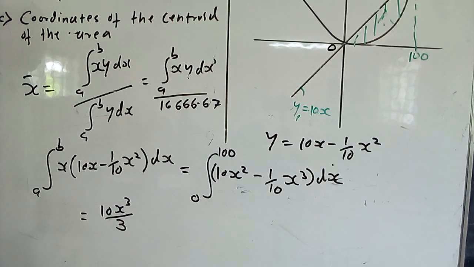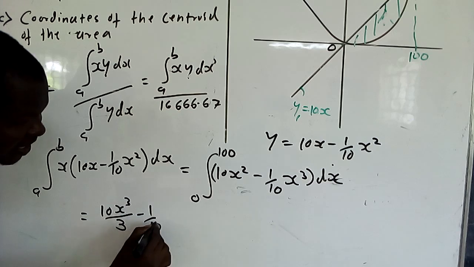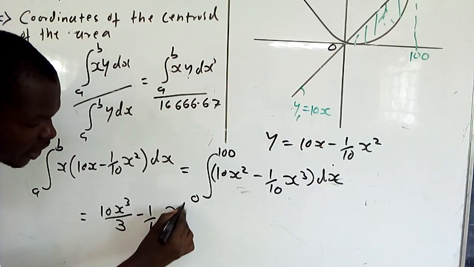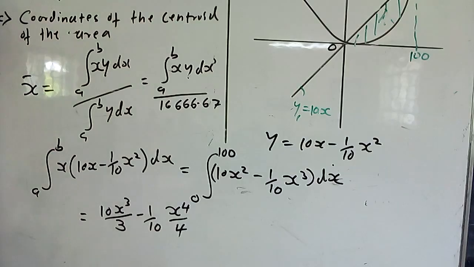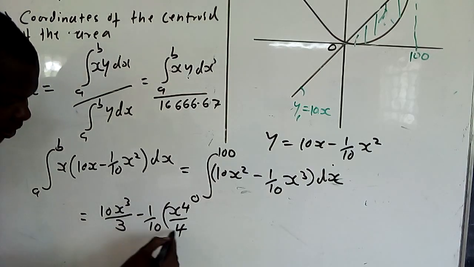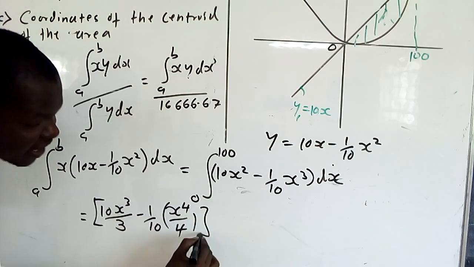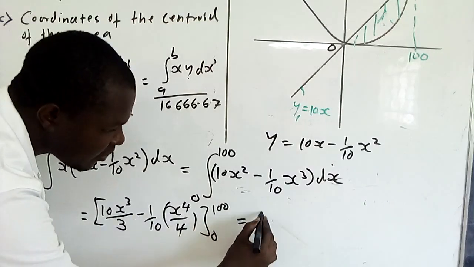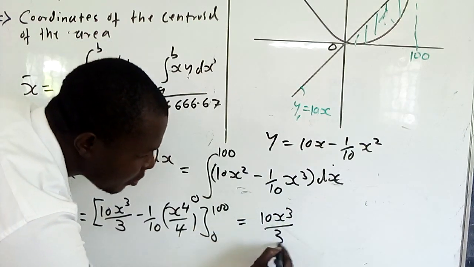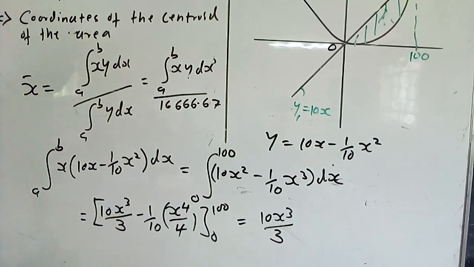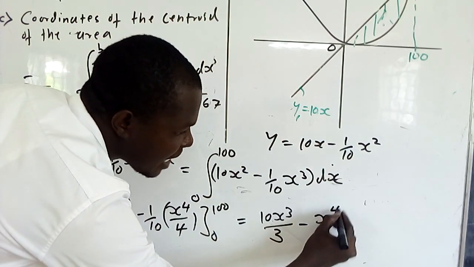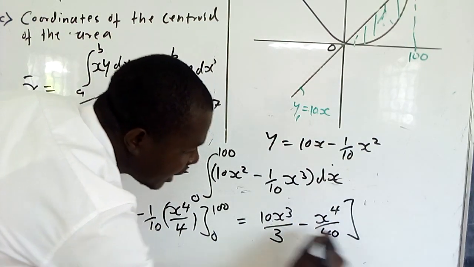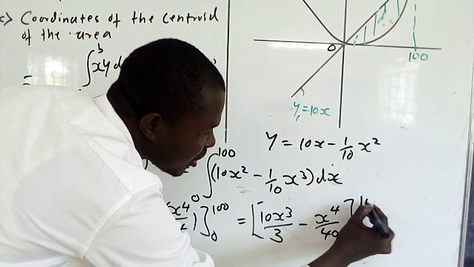Then it is minus 1 over 10. If you integrate x cubed, you get x raised to the power 4 over 4. Then you put your limits from 0 to 100. So if you simplify this, you get 10x cubed over 3, minus x raised to power 4 over 40, since 10 times 4 is 40. Then you put your limits 0 to 100.